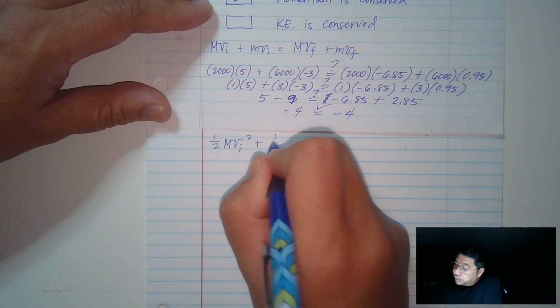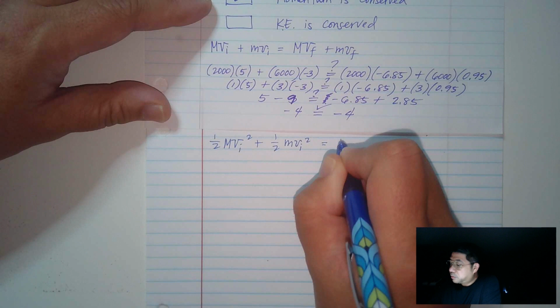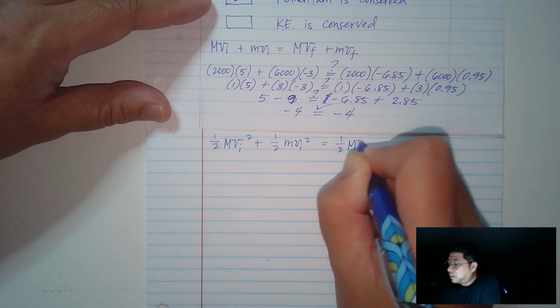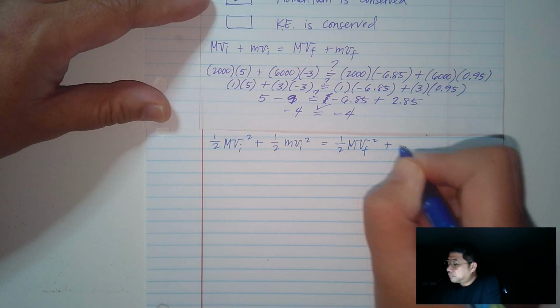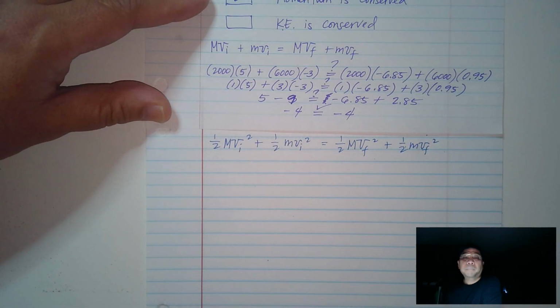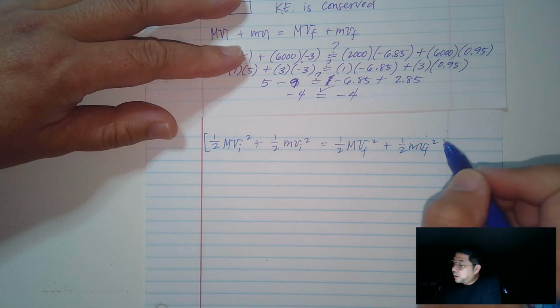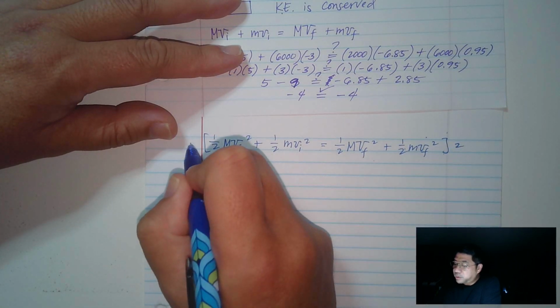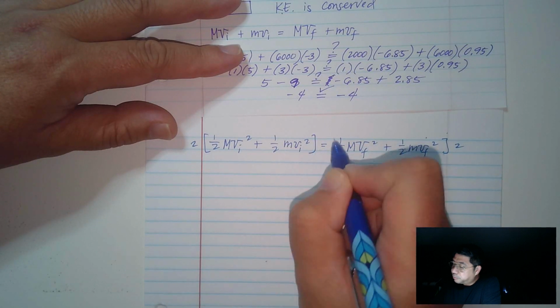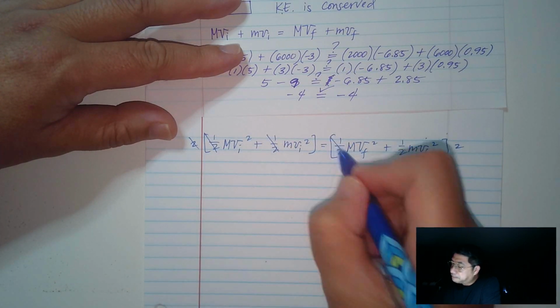Plus 1/2 m v_i squared, which is equivalent to 1/2 m v_f squared. To get rid of those 1/2, let's just multiply both sides of the equation by 2. 1/2 cancels on both sides.